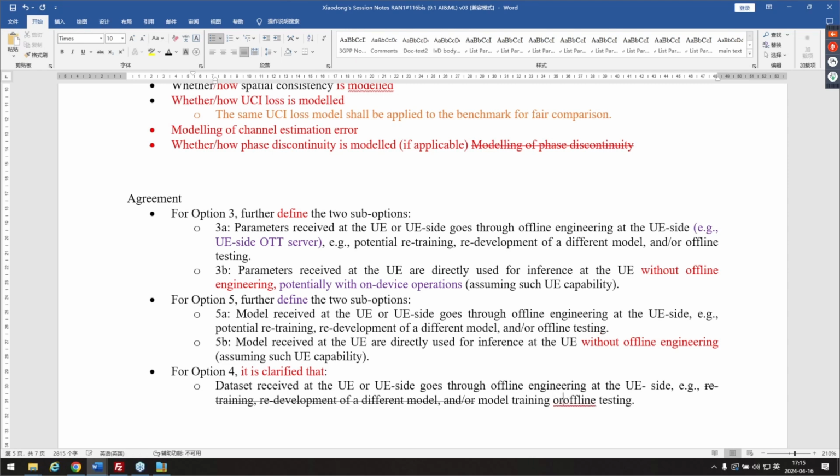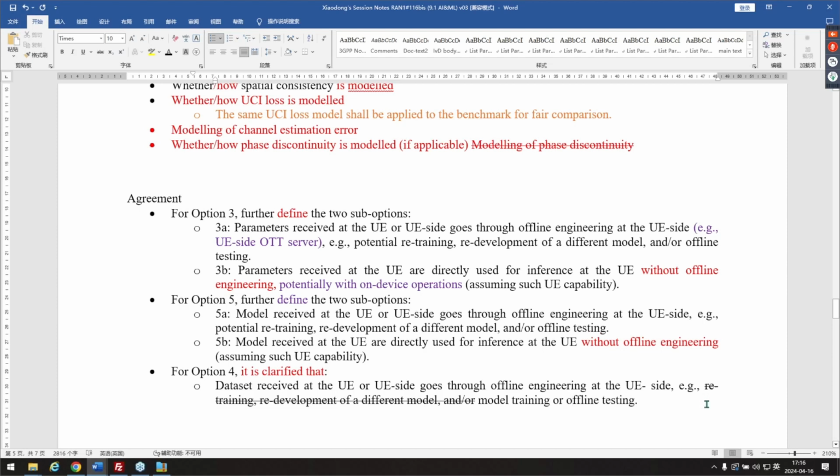That is offline engineering, right? Means offline engineering includes model training and the offline testing, right? So it seems that we don't need a 4. e.g. for model training, e.g. Oh, okay, the grammar is not correct. Okay, yeah. I think that's fine.